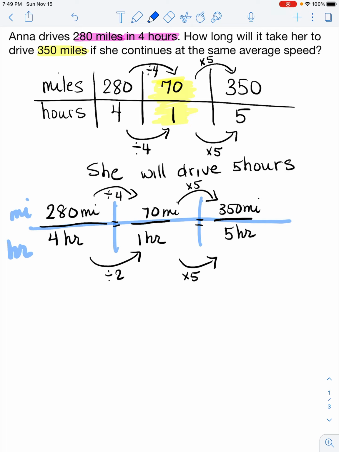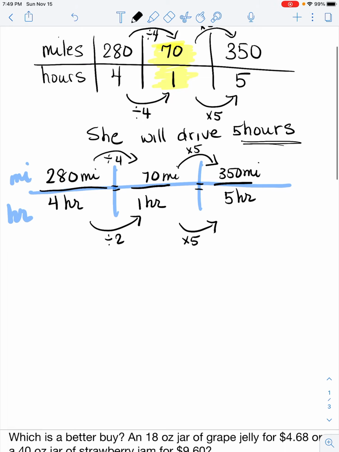So it's the same exact thinking. Some of us are more comfortable with a ratio table and some of us are more comfortable with a proportion. And either way, the answer to the question, how long will it take her, is it will take her 5 hours. And that's one way that we use unit rate. In this case, again, speed is just a unit rate.